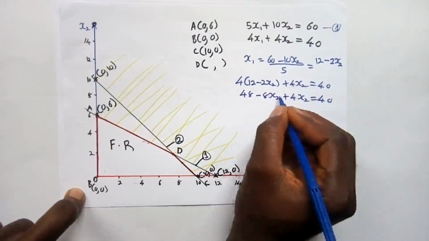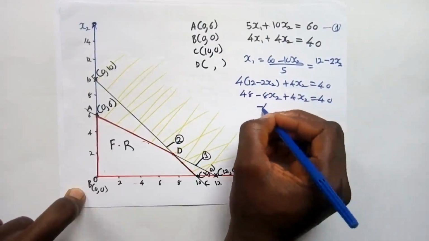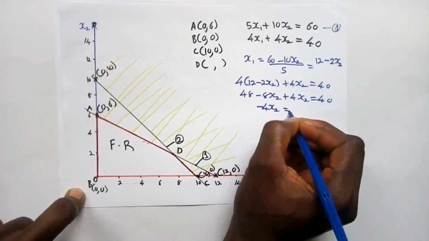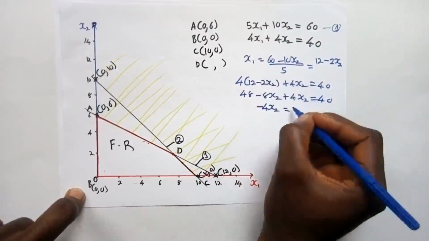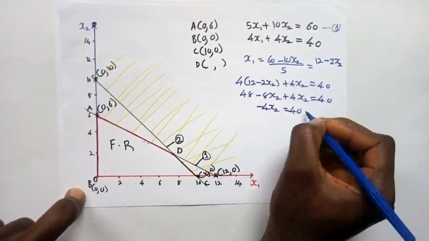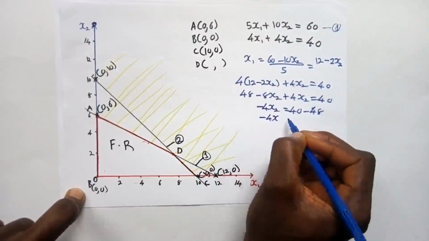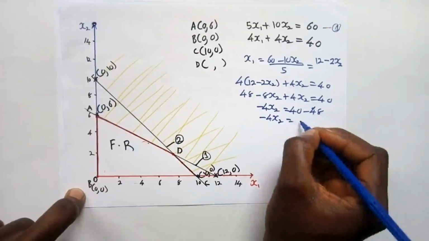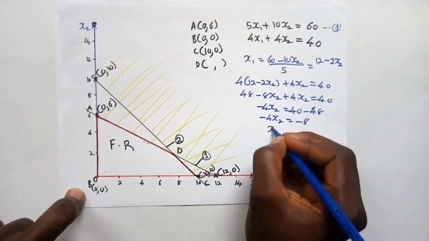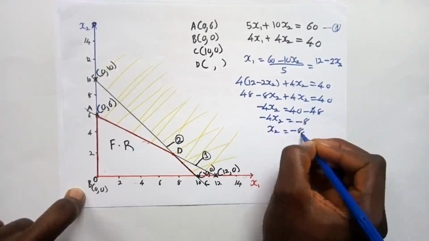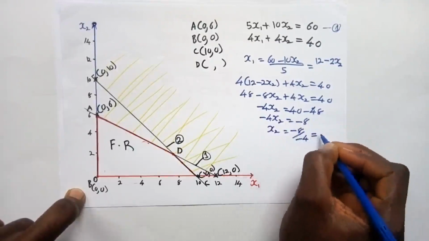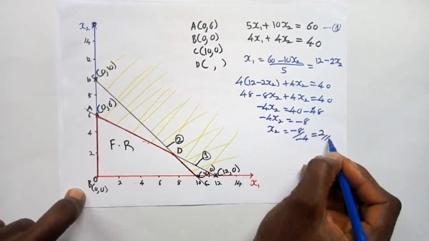So minus 8s2 plus 4s2 gives us minus 4s2 is equal to 40 minus 48, which is minus 8. S2 is equal to minus 8 over minus 4, which is equal to 2. So S2 is equal to 2.